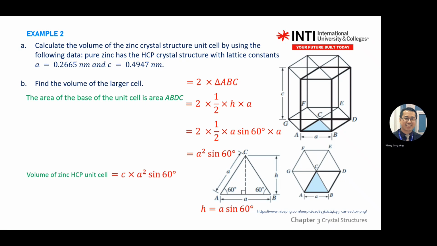You take the base times the height, you get the volume. So A squared sine 60 times C, where C is the height, gives you the volume of the unit cell for HCP.